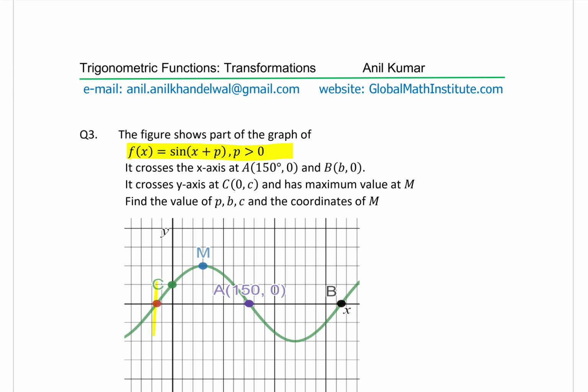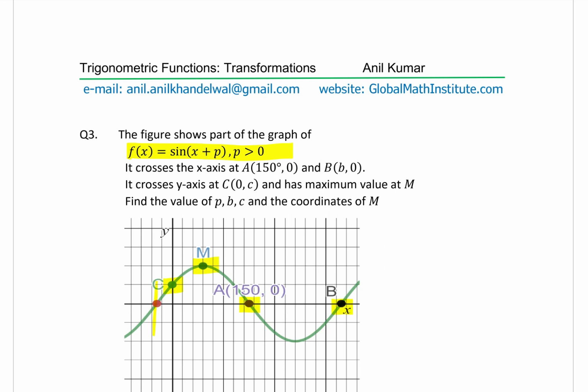It crosses the x-axis at a, which is (150 degrees, 0), and at b, which is (b, 0). It crosses the y-axis at c, which is (0, c). The maximum value is m. Find the value of p, b, c and the coordinates of m. That is the question for you. So you can now pause the video, answer the question, and look into my suggestions.